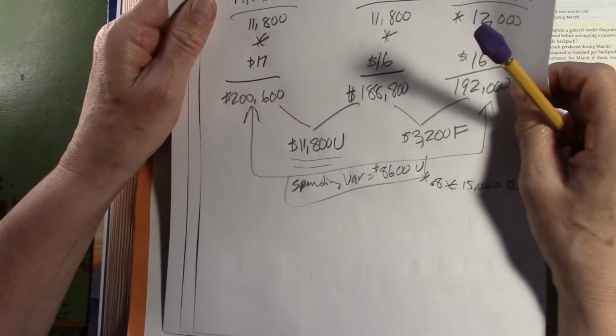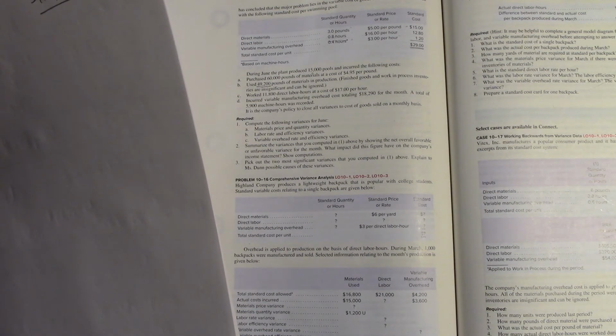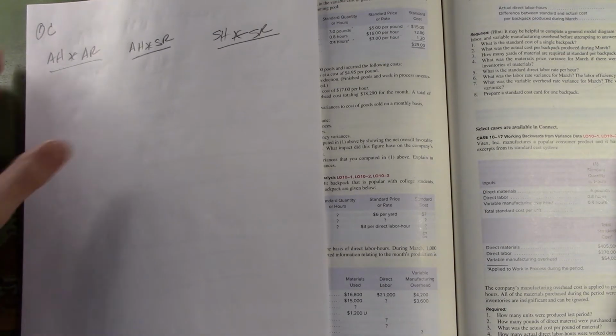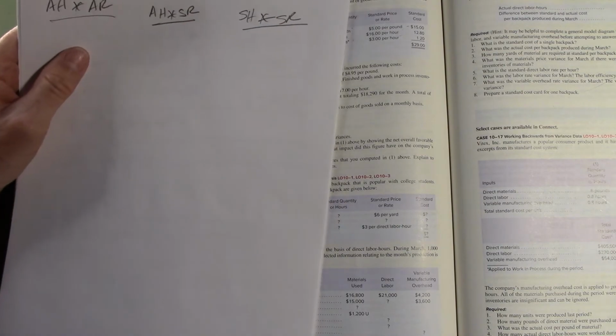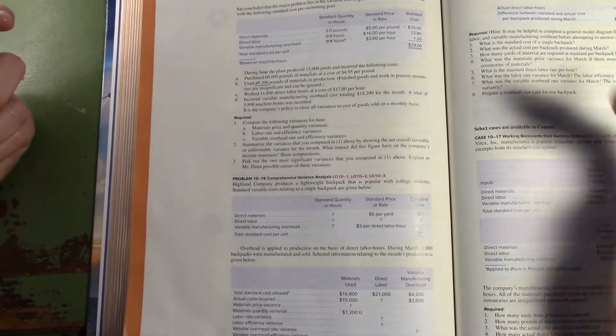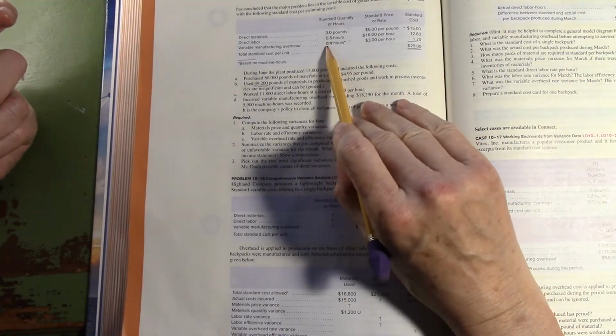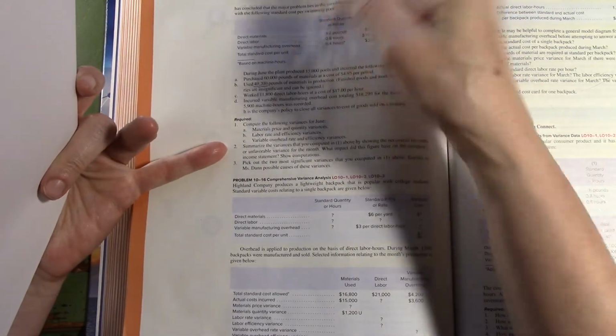All right, so the last thing is overhead. All right, so with overhead, here's our standard, 0.4 based on machine hours.